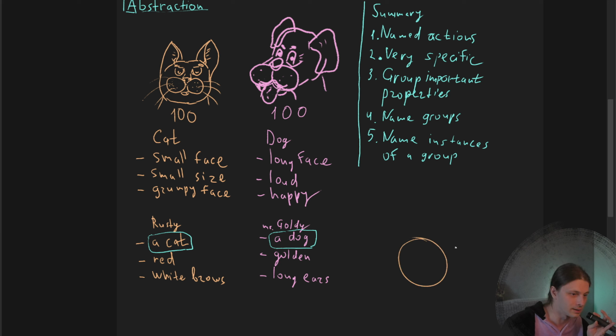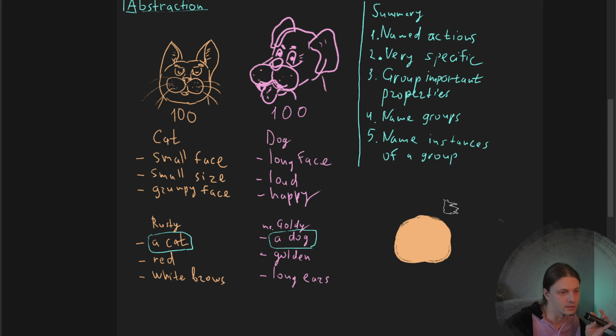For example, they may take some circle-ish shape, and they pick some color, and then they add some details. They start from a circle, then add details, some more shapes, more and more details, more specificity, and this circle may become, I don't know, an apple or orange or something like this.